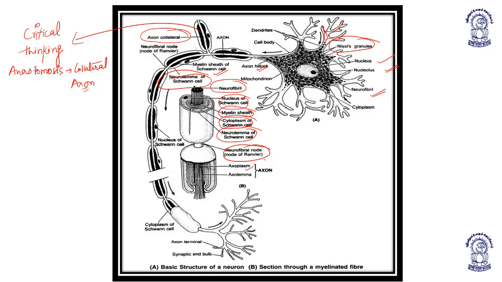The cytoplasm is known as what? Axoplasm, and the membrane is known as what? Axolemma. This is the cytoplasm of the Schwann cell, and the axon terminal, or terminal arborization, or synaptic knobs or synaptic buttons. Understood?